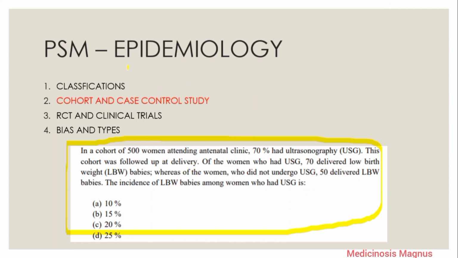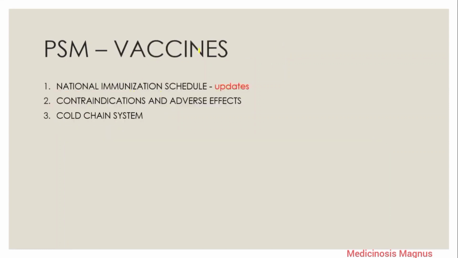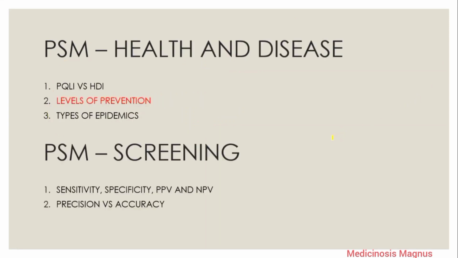For the epidemiology part, mainly read about cohort and case control studies. In vaccines, all those things are important. Mainly you have to read about the updated schedule of the national immunization vaccines, and also the COVID vaccines, and the levels of prevention: primary, secondary, tertiary.